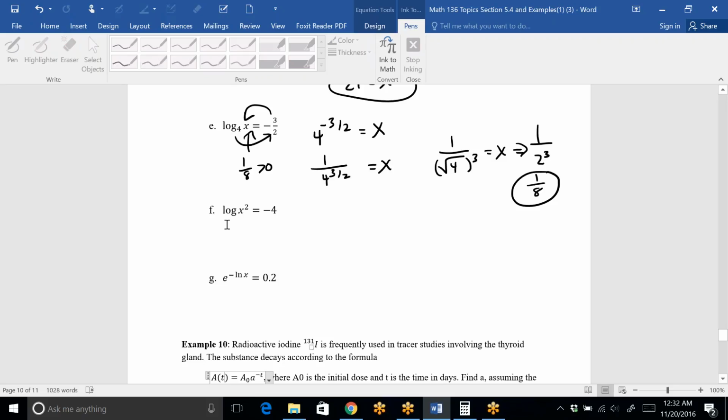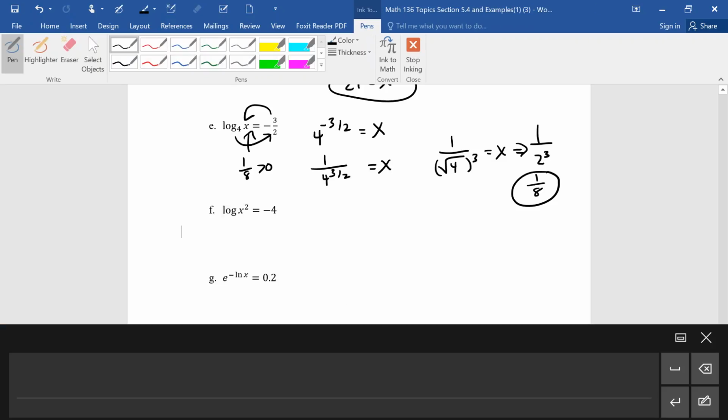For f, this is log base 10. Notice they don't write it, but it's there. So 10 to the negative 4 equals x squared. We have to move that to the denominator. And 10 to the 4th was 10,000. You take a square root, and yes, normally we write plus or minus, and we have to check to make sure both answers work.